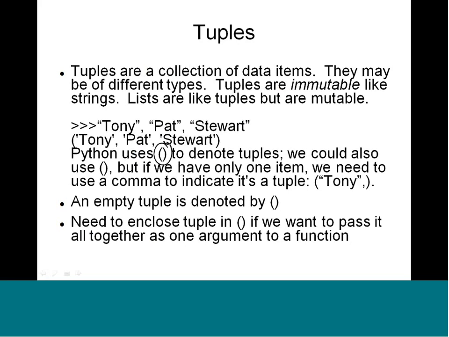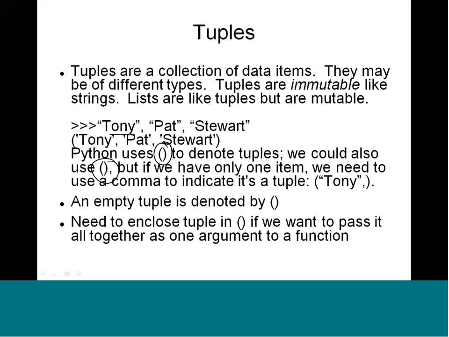Python uses parentheses to denote a tuple. You can also use the parentheses if you have only one item, but if you have only one item, then we need to use a comma to indicate a tuple.